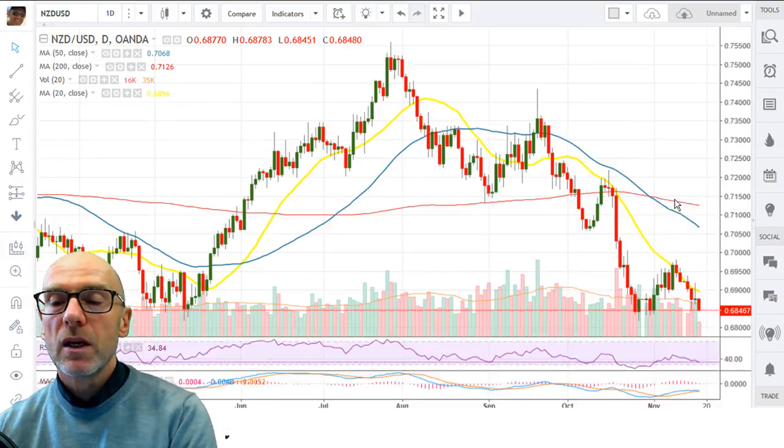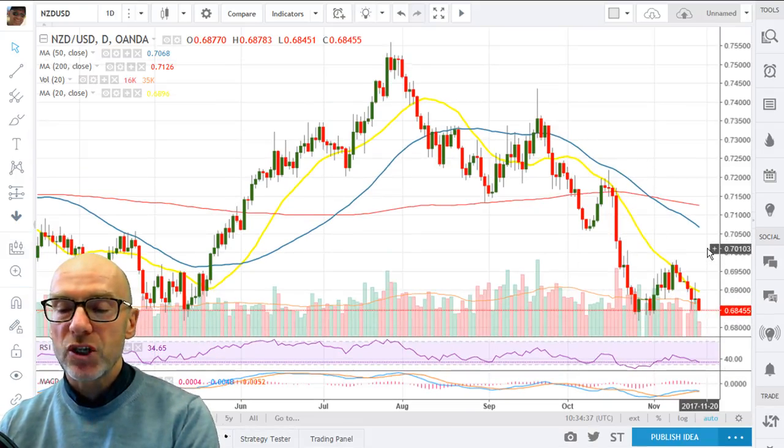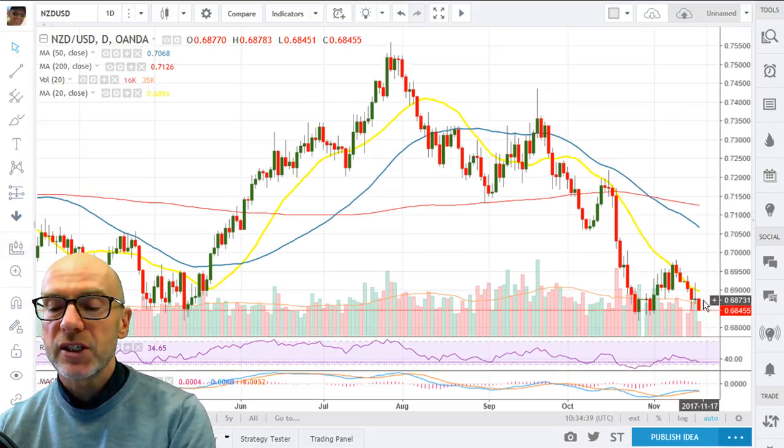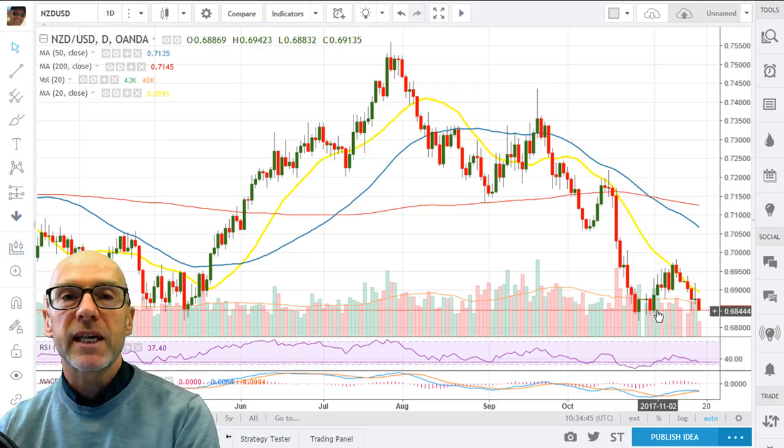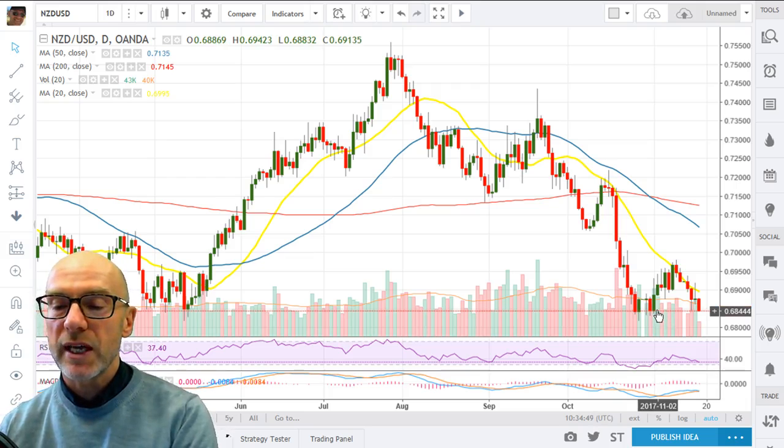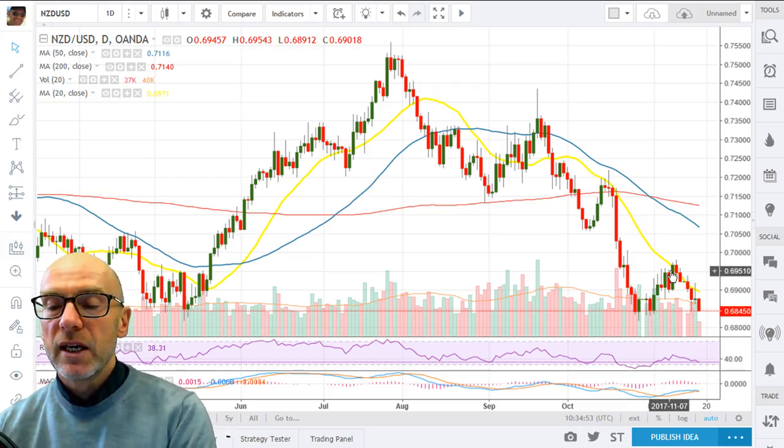On the daily picture, you can see that today we're lower again, testing the supports that were seen at the end of October. I'll give you the exact levels for those supports on my support resistance slide, which I'll show you in a couple of minutes. You can see that the moving averages are all negative. They're all moving down.